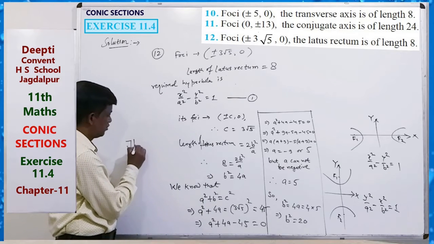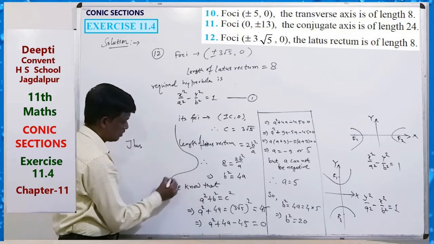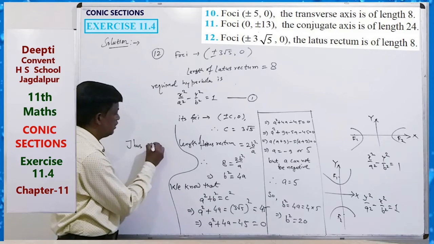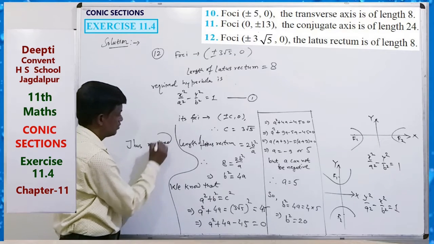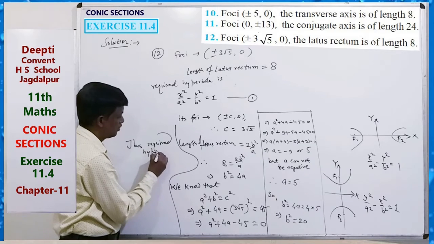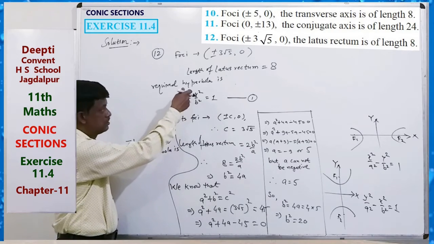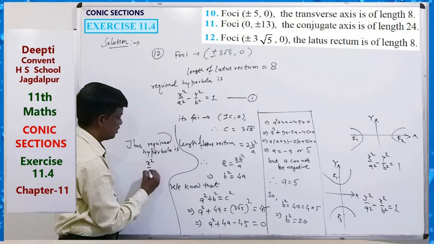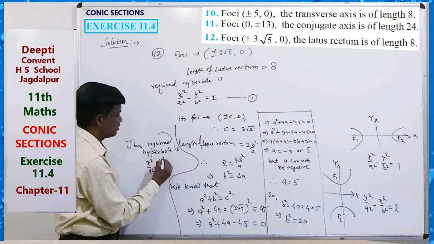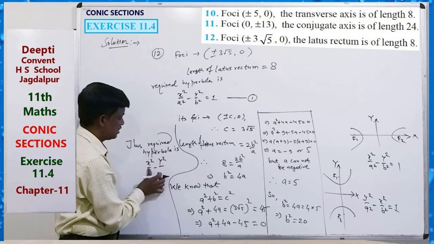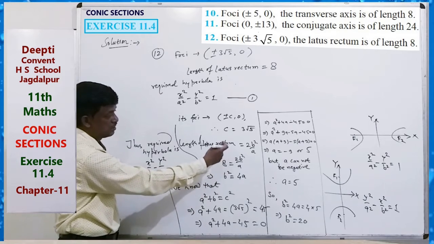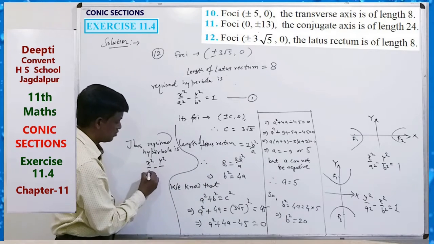Thus, the required hyperbola is what? x square by a square minus y square by b square. a means 5, so a square means 5 square.